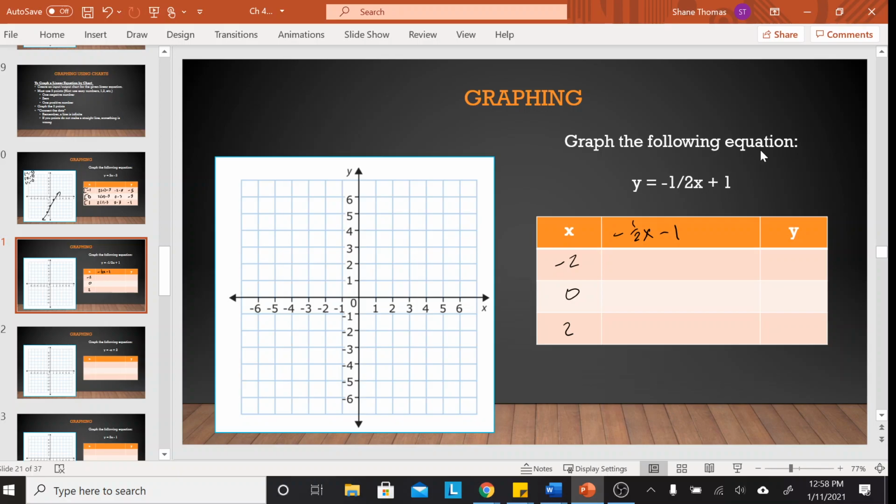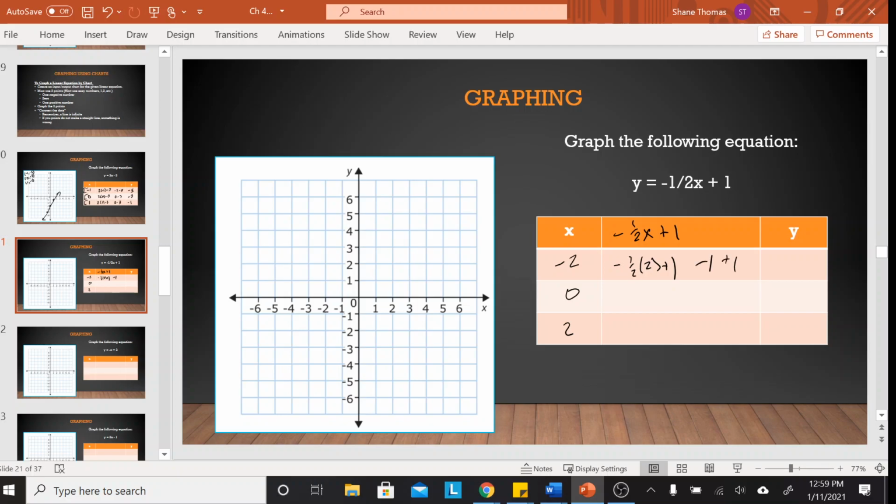All right. So if we do this guy, we have negative 1/2 times 2 plus 1. Negative 1/2 times 2 is going to be negative 1.